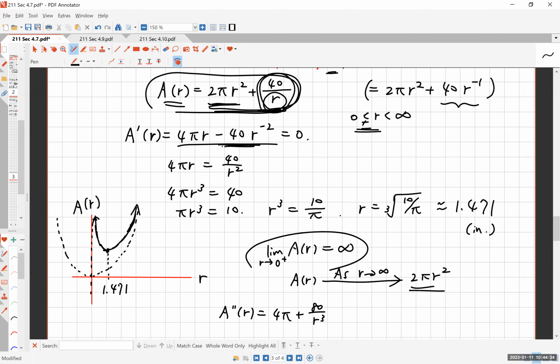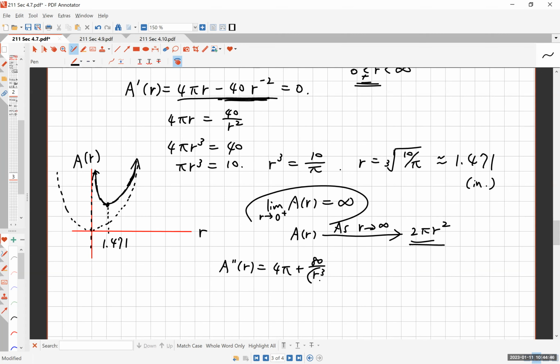If I do this right, negative 40 times negative 2 is positive 80, and then the new exponent will be negative 3. And if you plug in 1.47 here, this is already over 12 something plus 80 over a number. Whatever this is going to be, it's positive. So that means A has a local minimum, just like we predicted.